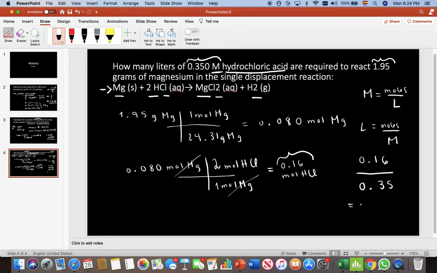And this would equal to, grab your calculators, 0.16 over 0.35 gives you 0.457 liters. And that is how you would do this problem, guys.